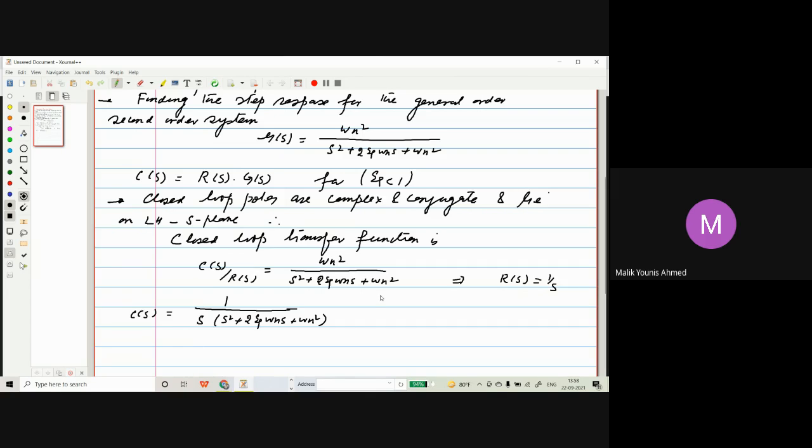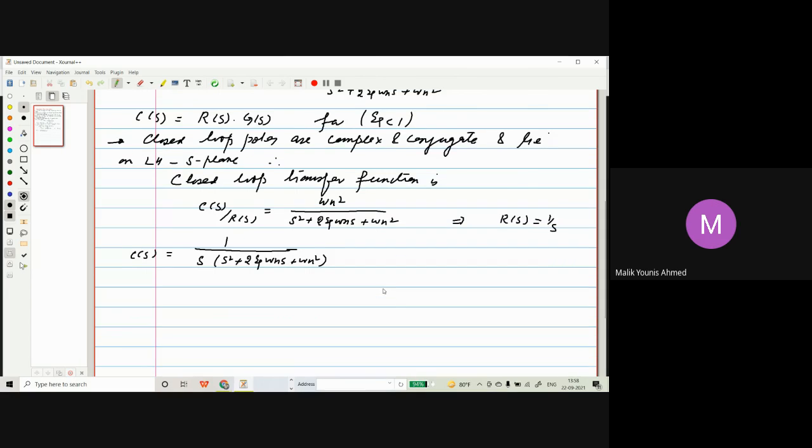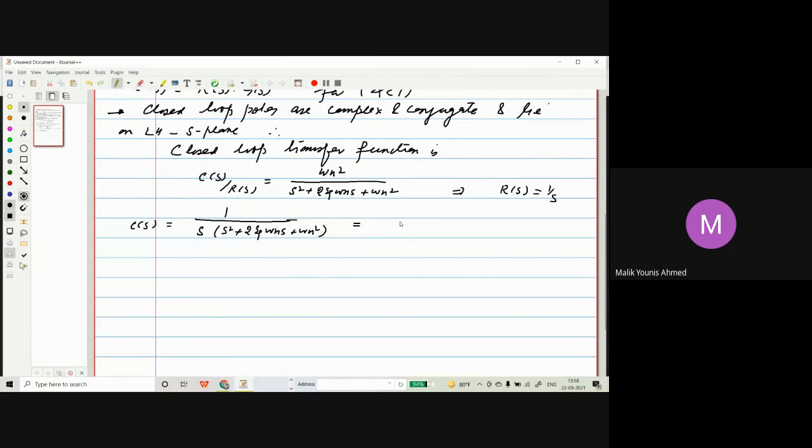A simple manipulation I will be doing here. I will write this as 1 by S minus S plus 2 xi omega n divided by the same thing, S square plus 2 xi omega n s plus omega n square. See here, if we cross multiply, this term will come S square plus 2 xi omega n s plus omega n square.